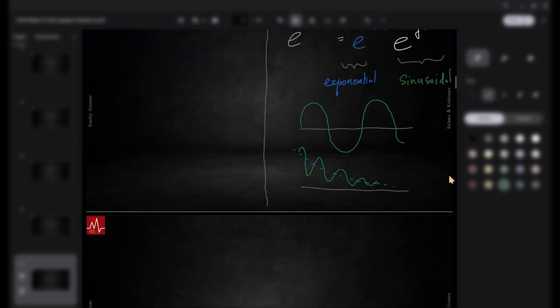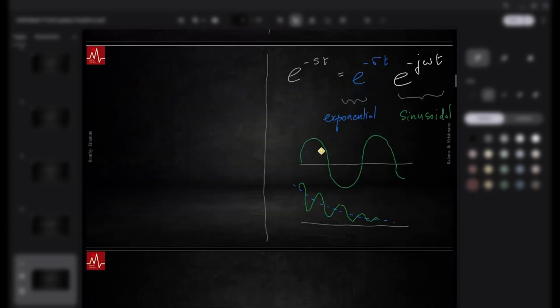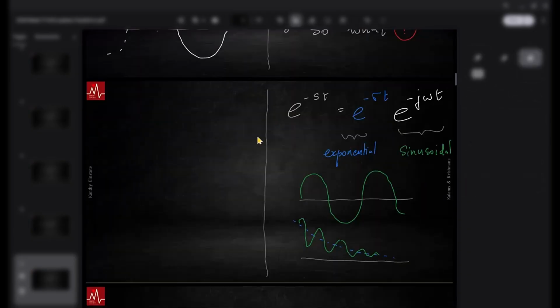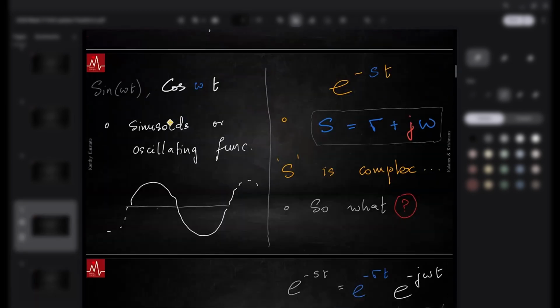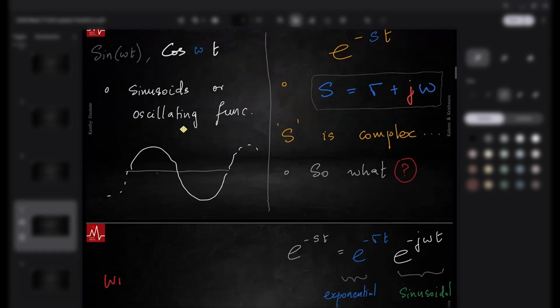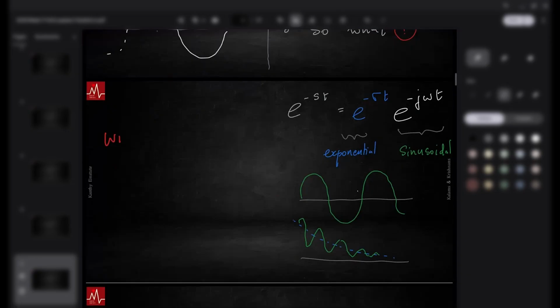Conclusion: with Fourier transform, you can only represent oscillating functions. If sigma is positive, this decays. If sigma is negative, this thing goes up. If omega is 0, notice you can represent this function, an exponential that is blowing up.